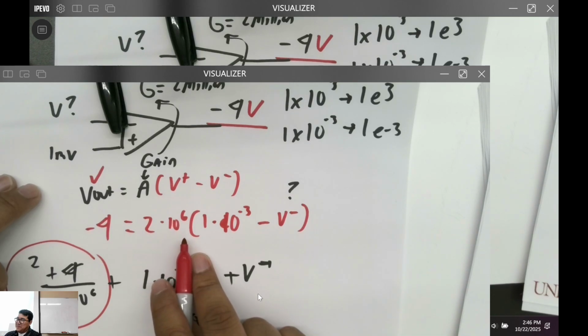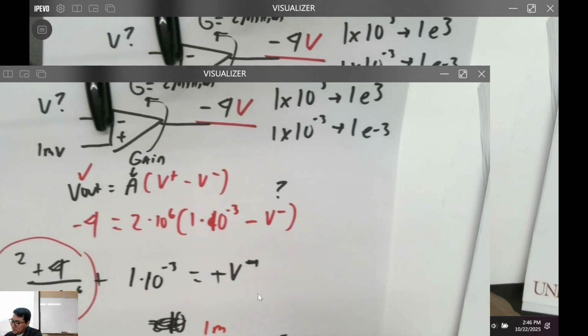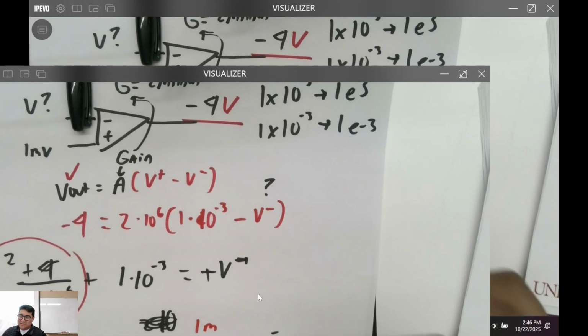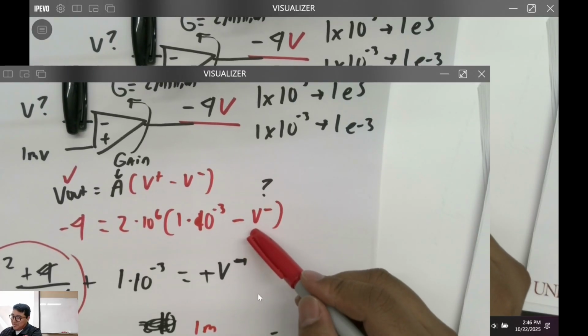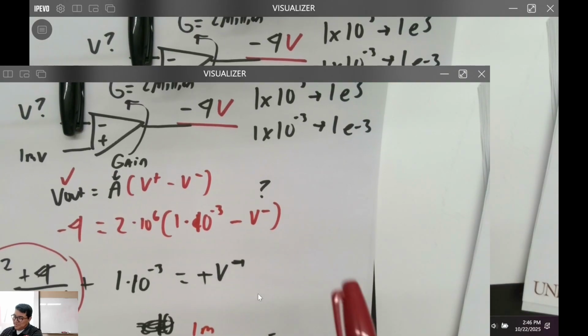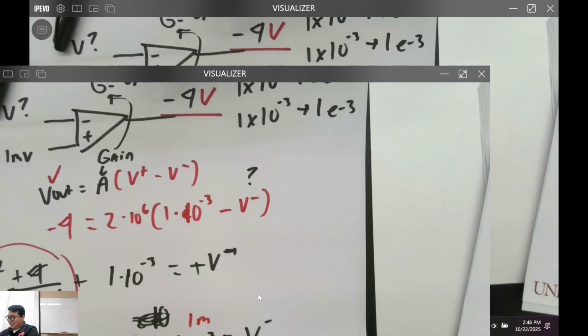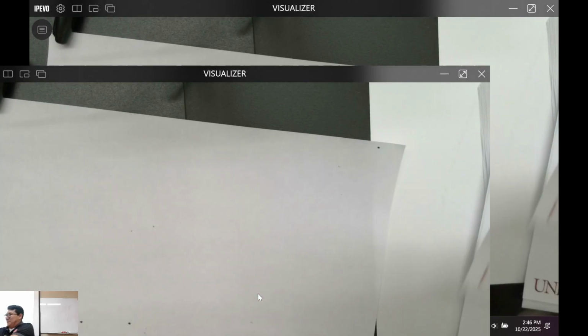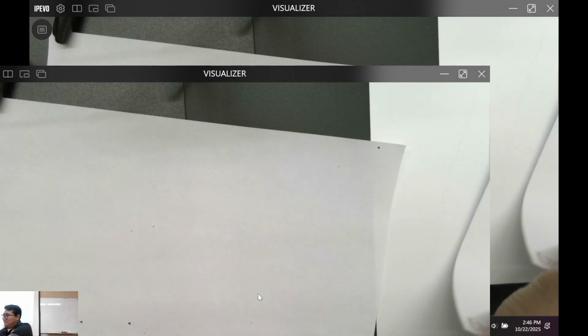So let's see, what's another way I can solve this? I don't have my calculator on me now, but I want to show you guys what's going on. All right, hear me out. This is a bad way of doing it. Don't do this, but it could help.